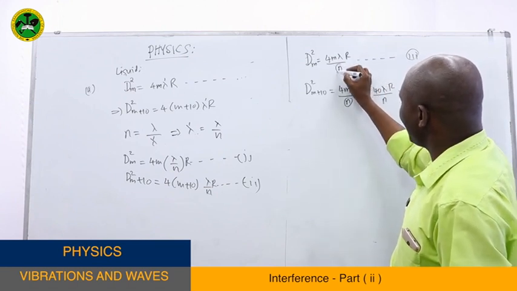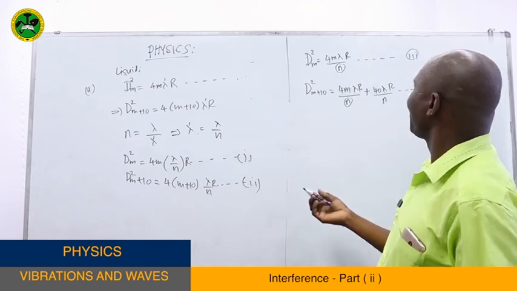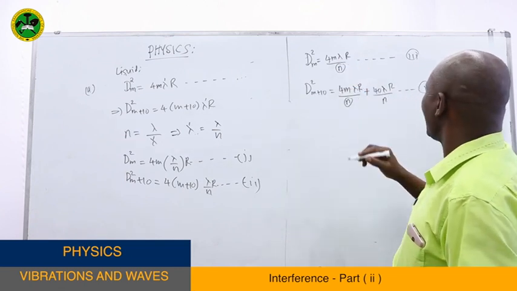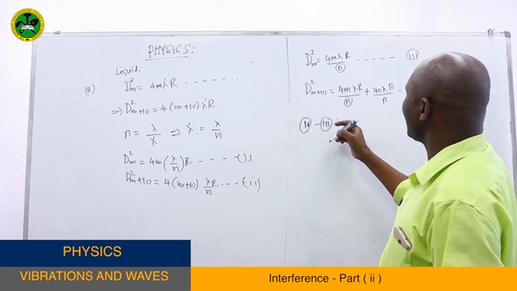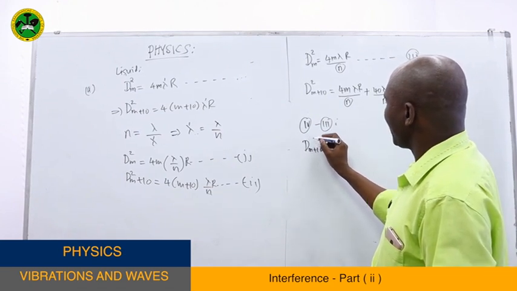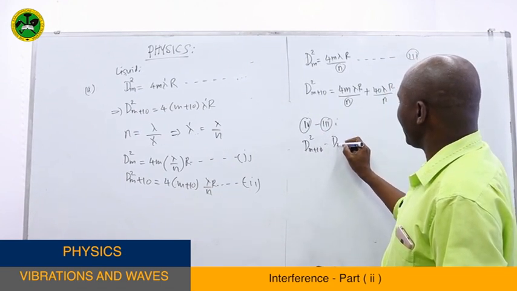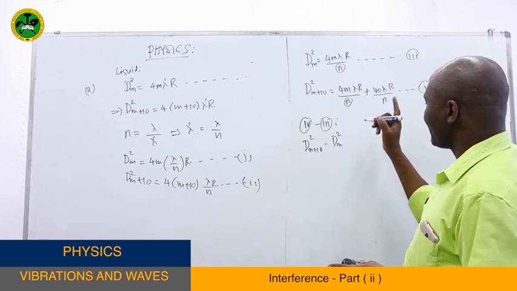That is our refractive index, n. M is the order. If you take equation number 4 minus number 3 and find the difference, you find that this will be D(m+10) squared minus Dm squared.